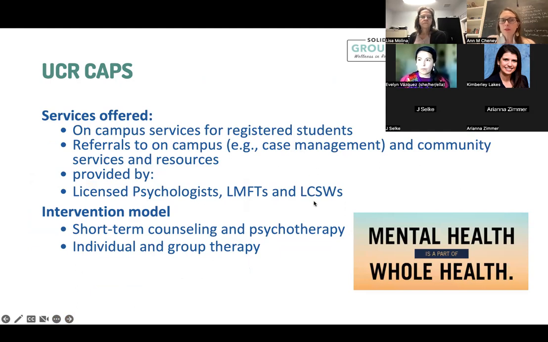So the services that are offered on campus for registered students, as I mentioned before, they offer referrals to on-campus services. So this could be case management, for example, or perhaps collegiate recovery, or other services that might be part of wellness. And in addition, they offer referrals to community services and resources.